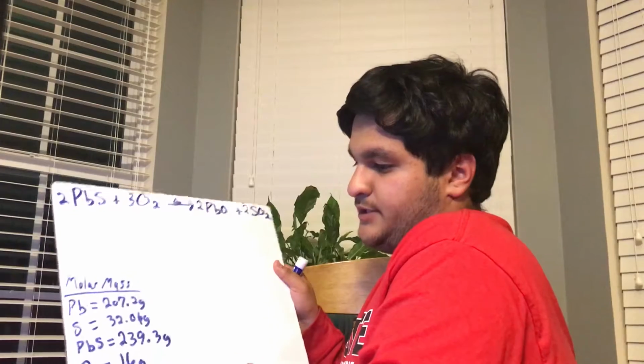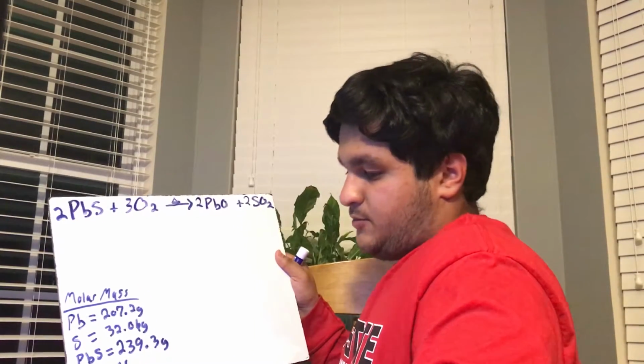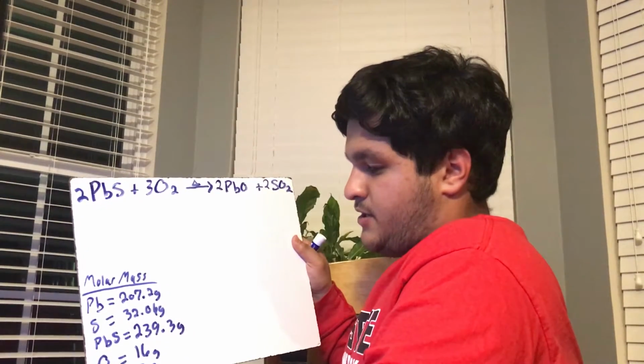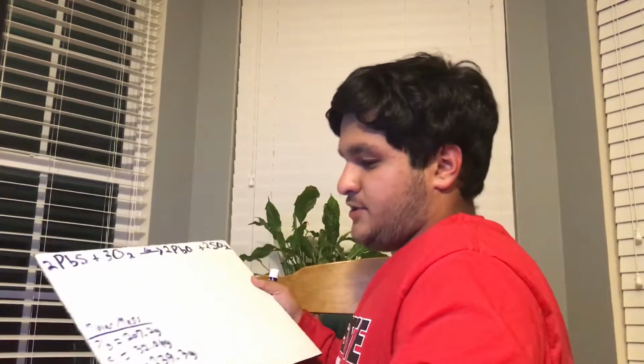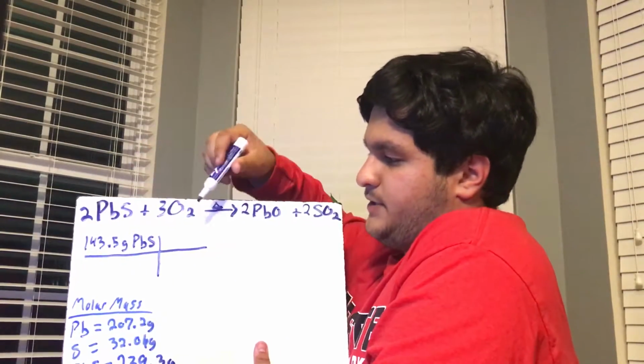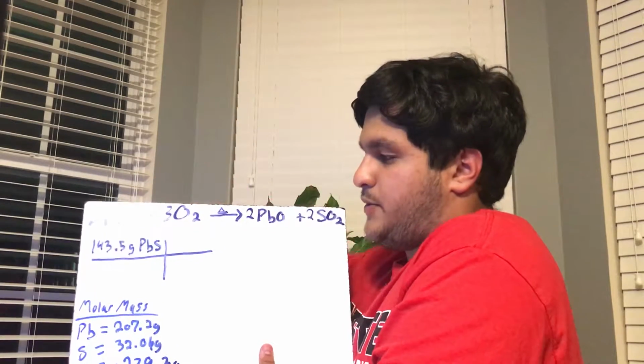So what we want to do is go from, as the problem said, grams of lead(II) sulfide to grams of oxygen. What it gave us is 143.5 grams of lead(II) sulfide. The unit we have here is grams of lead(II) sulfide, and we want to cancel that out, so we will write it right here.